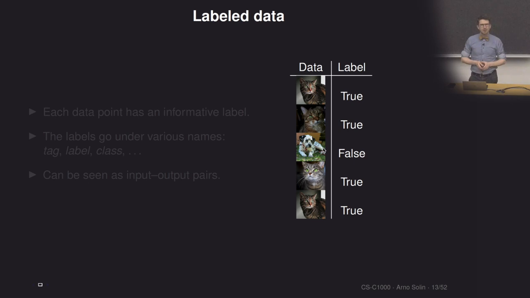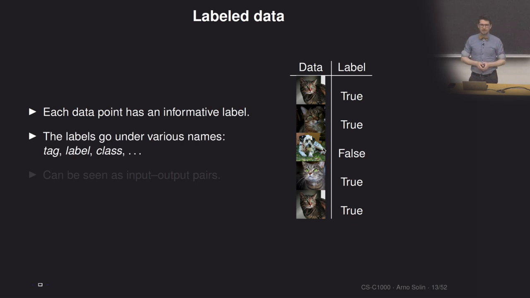Labeled data simply means that each data point, be it a number, a location, or an image, comes with some additional information, a label. The labels can go under various names. They can be tags, labels, classes, and so on. For example here, the label represents whether there is a cat in the image or not.